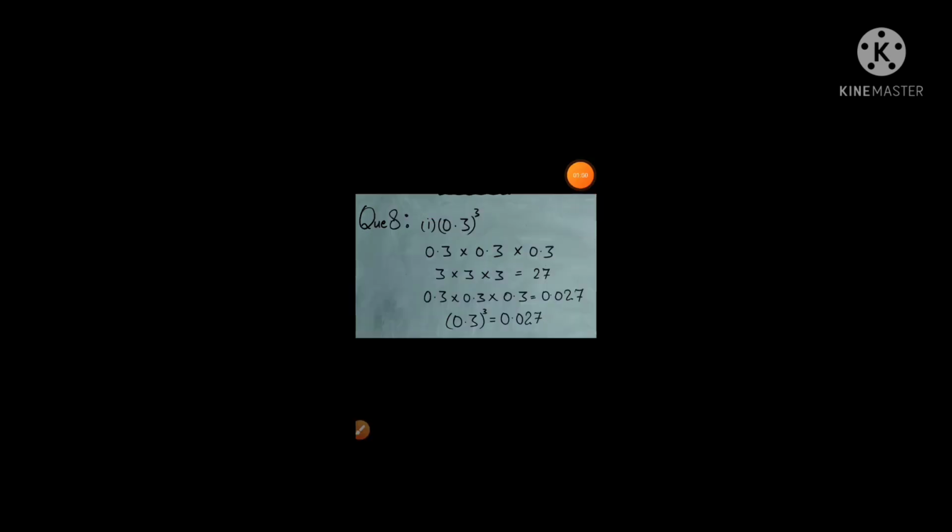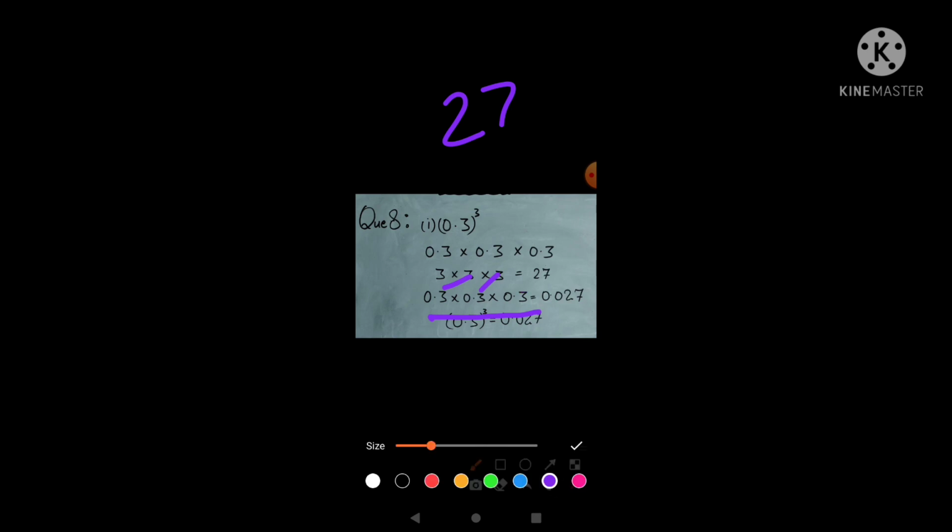Now question number 8, 0.3 cube. If there is cube, means power 3, we can write 0.3 into 0.3 into 0.3. Now we forget the decimal for a while, so it will be 3 into 3 into 3, equal to 27. Now we write 27. Now count the number of places in the decimal numbers. 1, 1 and 1, means 3 decimal places. Means in the answer the number of decimal places will be 3.